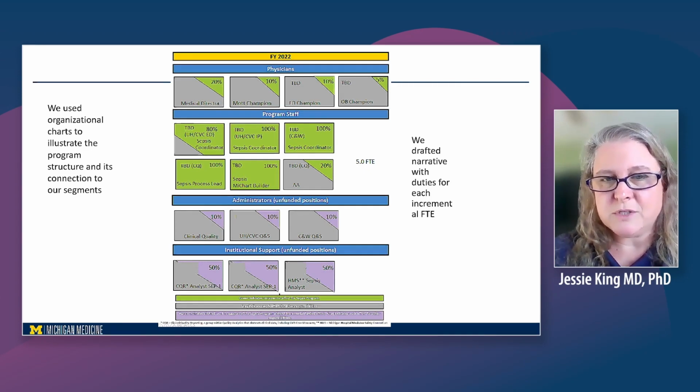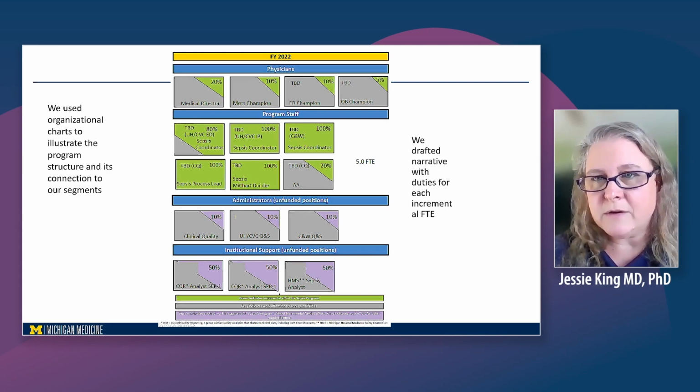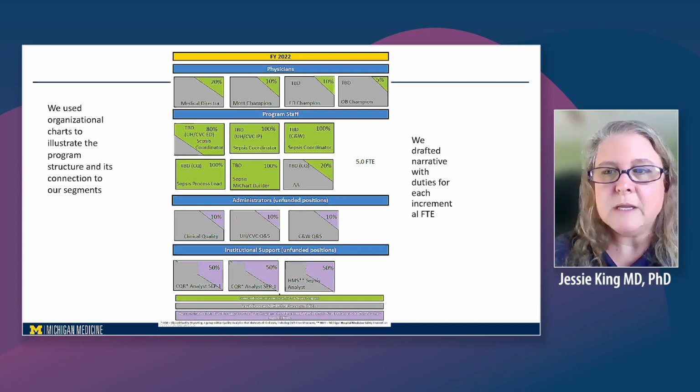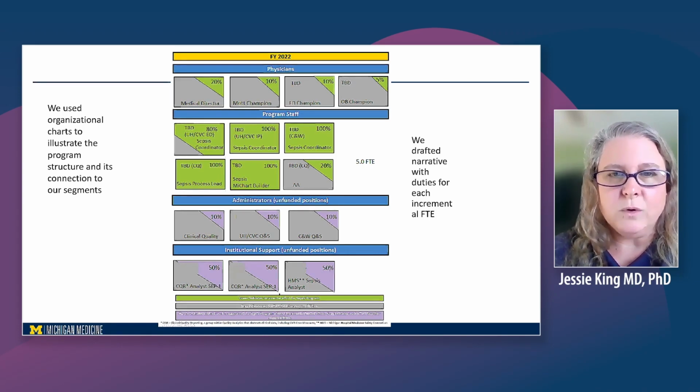MyChart is the University of Michigan's version of Epic, who has 100% dedicated effort to building all of the elements that we see as necessary to run in the background in terms of alert systems, as well as to build things like order sets and smooth the transition from emergency room to inpatient. So we have dedicated effort to our computer programming folks. We also asked for a little bit of an administrative assistant role as well.